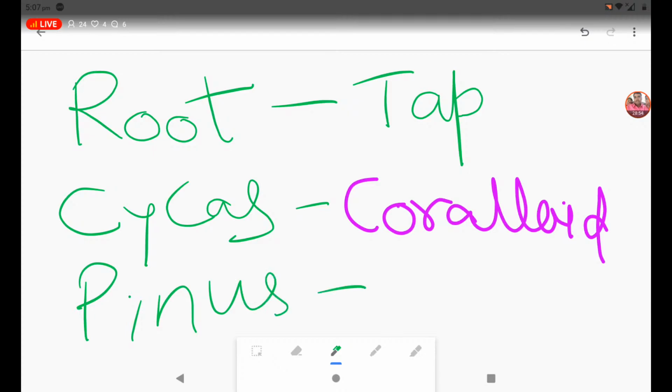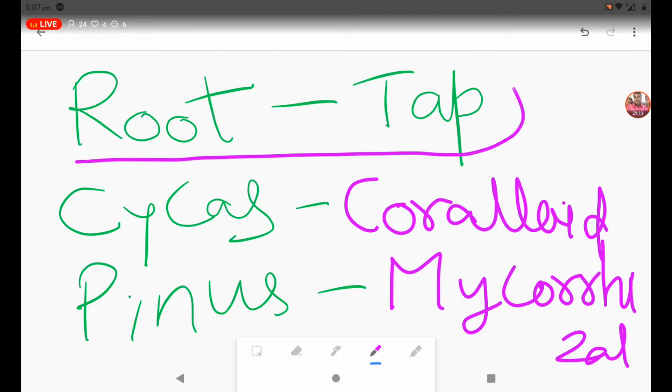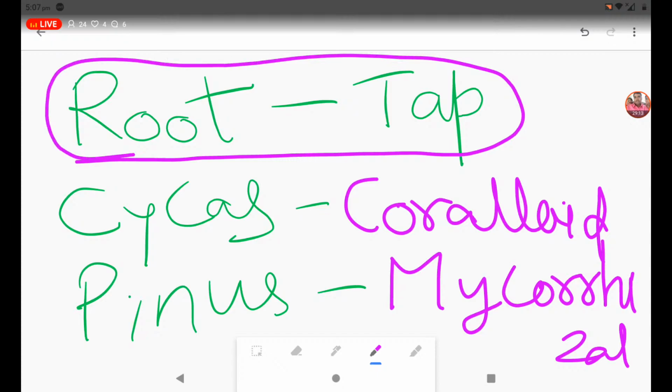That is the root system special. Generally, all gymnosperms consist of a taproot system.